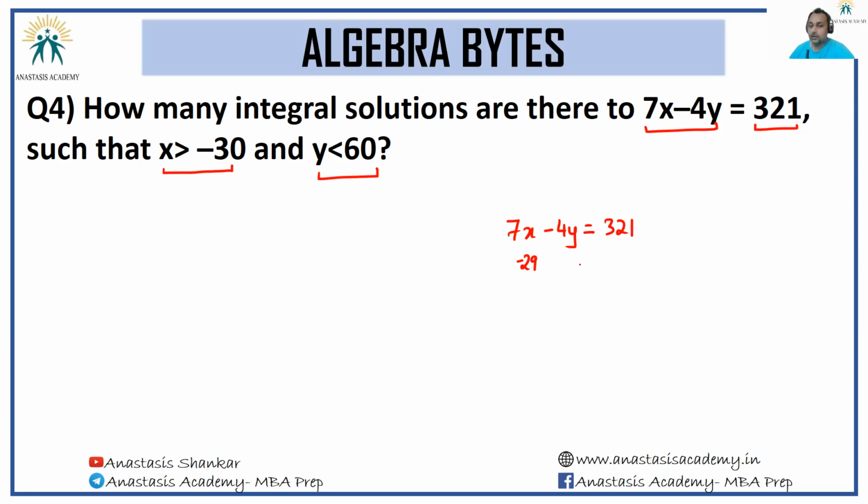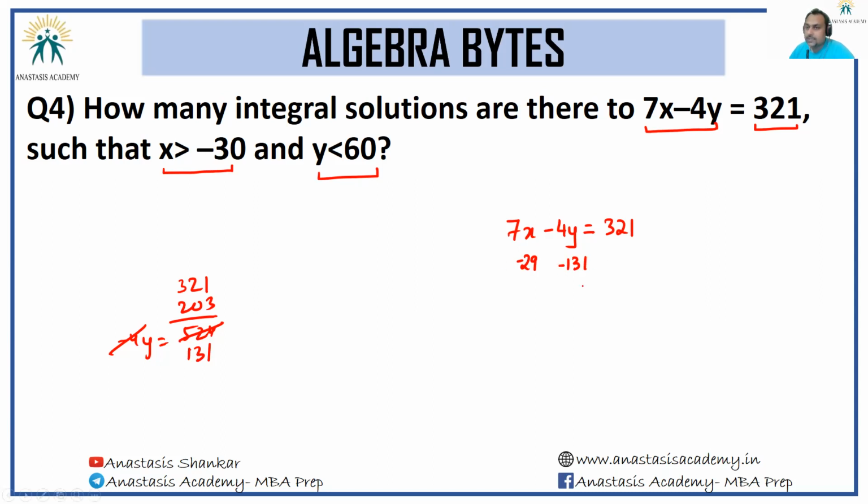It becomes added. So let me just do 321 plus 203, so 524. So minus 4y is equal to 524. Cancel, and I get y equal to minus 131.